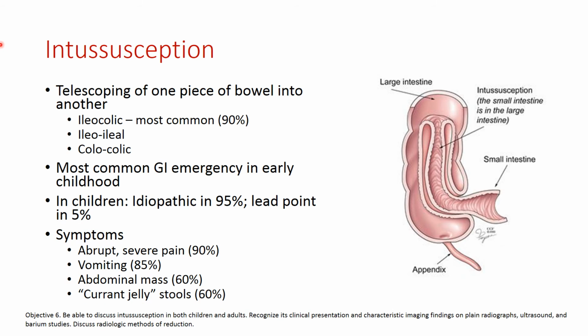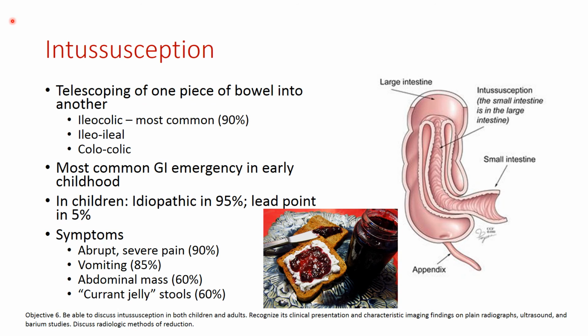So you'll probably never see this, but currant jelly stools. I have never heard the term currant jelly stools except in the context of intussusception. So if you ever hear currant jelly stools, that's what it's referring to. And this is currant jelly. It's a berry jelly that's kind of a deep red.